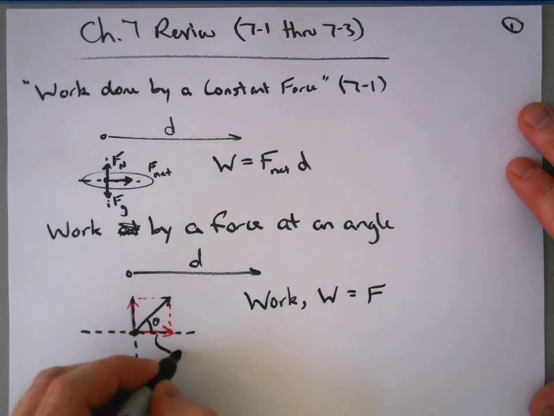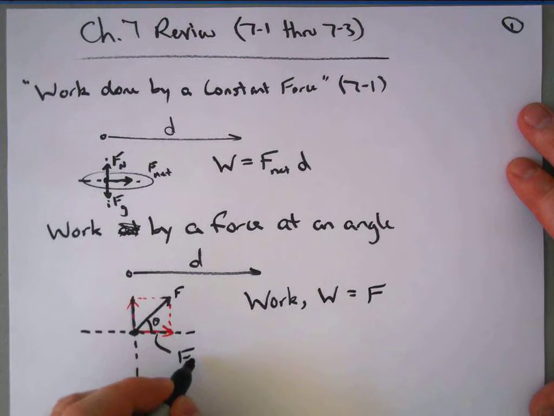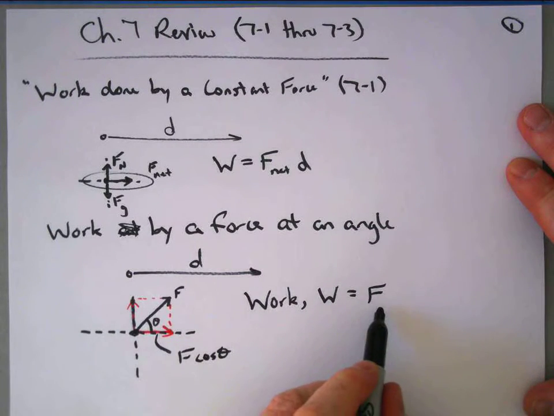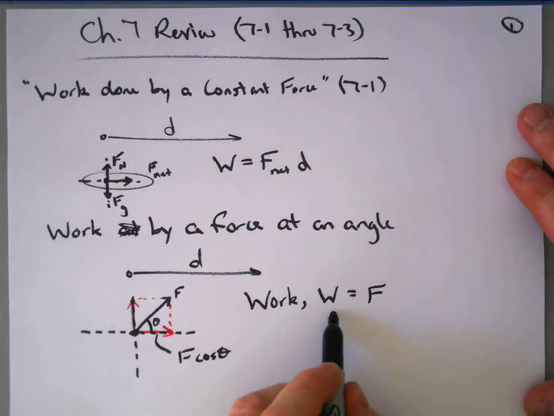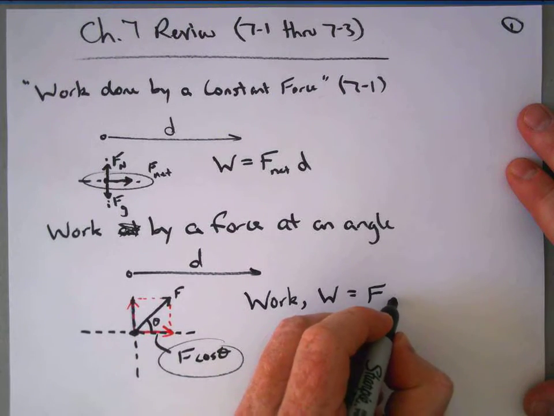Well, this component has a value of, if there's our force, force times cosine of theta. So the force doing the work on the object must be in the direction of the travel, so it must be this component. And that's where the cosine theta comes in the equation.